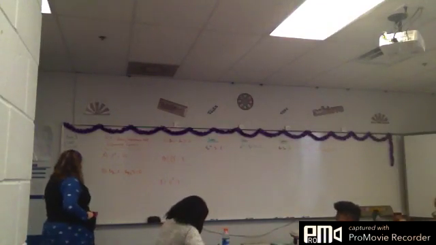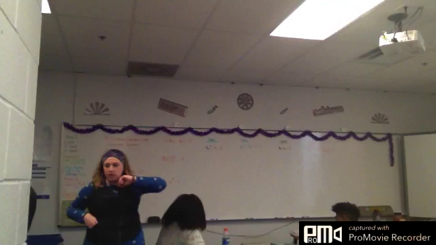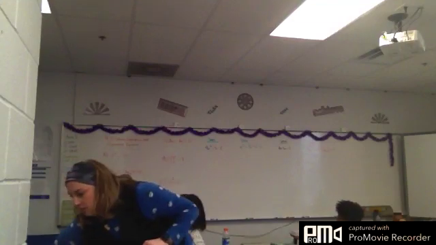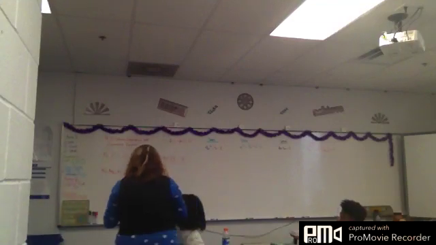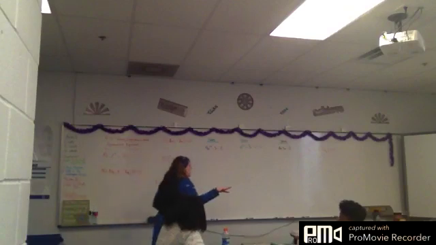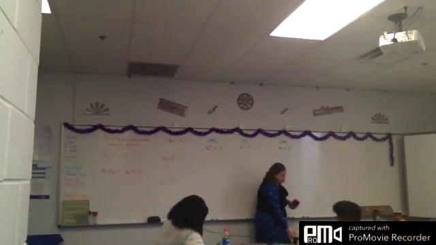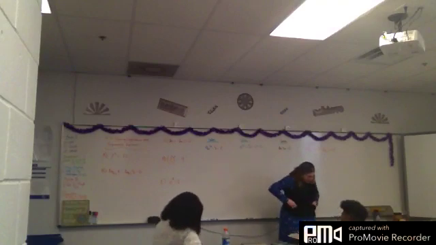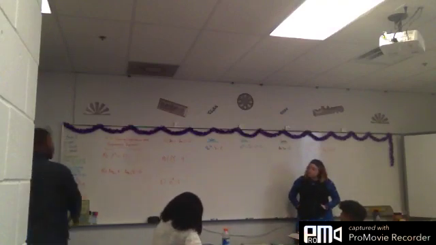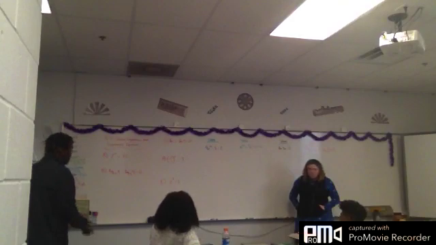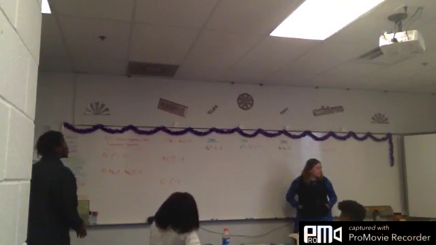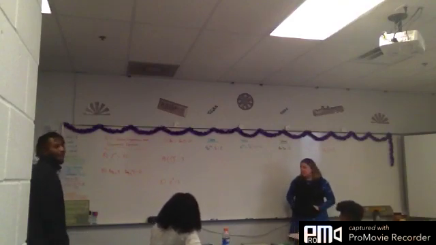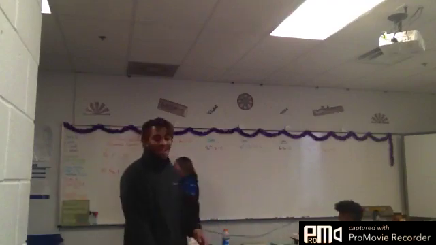Okay, how do I solve 2 to the x equals 32? What do I need to do to solve this? Jeremiah says he just knows it, that it's 2 to the 5th. Jeremiah's right.